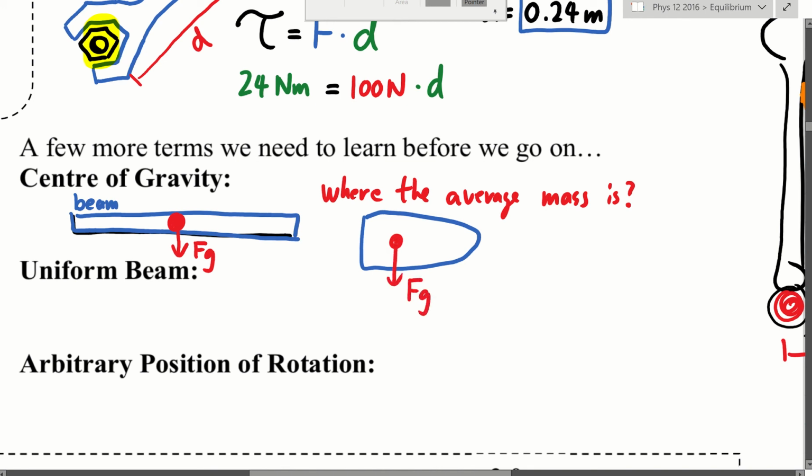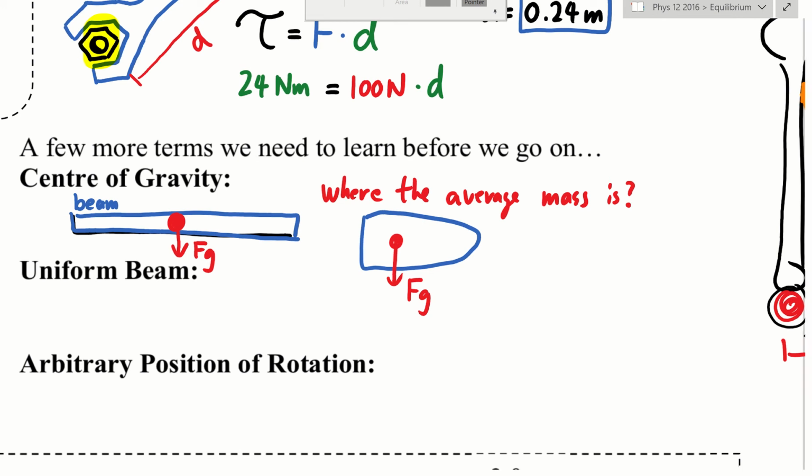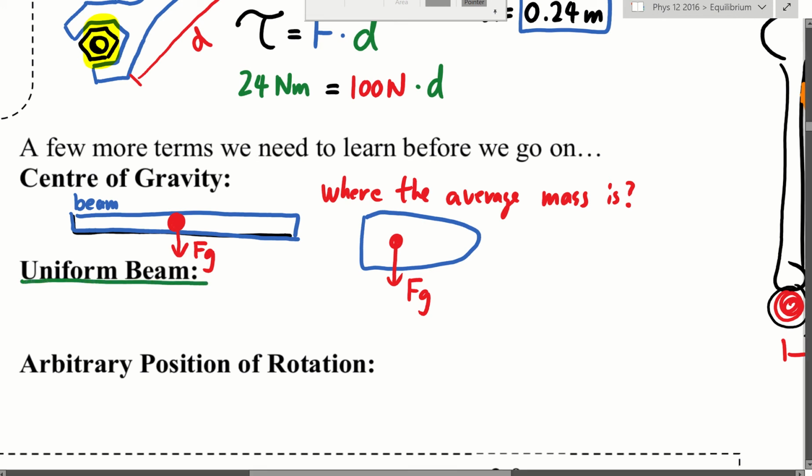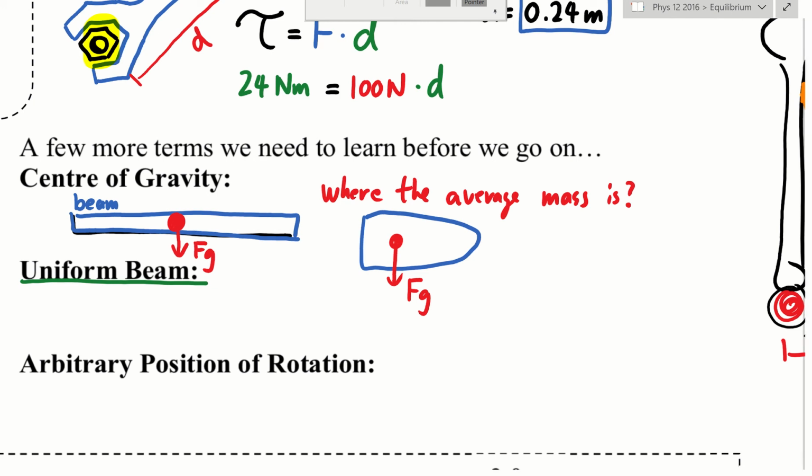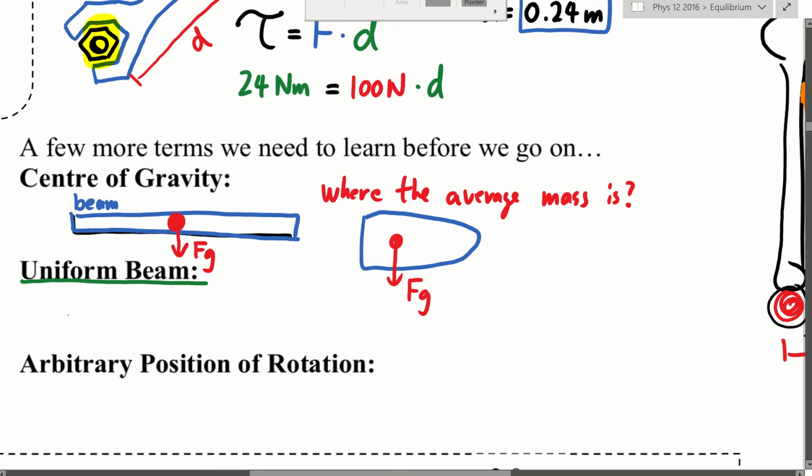Sometimes your center of mass is in the middle, sometimes it is not. But to simplify our life, for physics 12, we will always assume that the beam is uniform. That means right in the middle. So we won't be doing situations where we have the bullet case. So we'll always assume that this is a uniform beam.